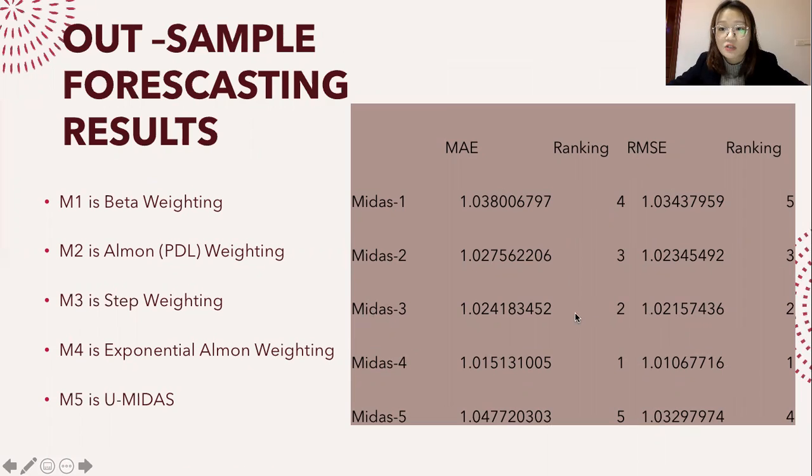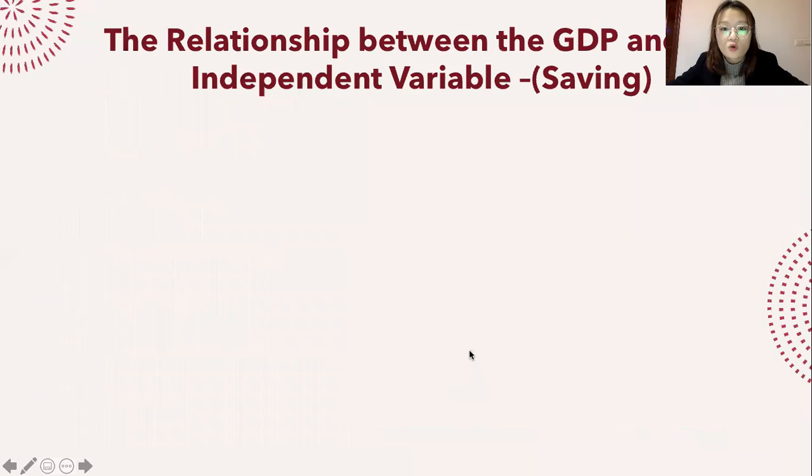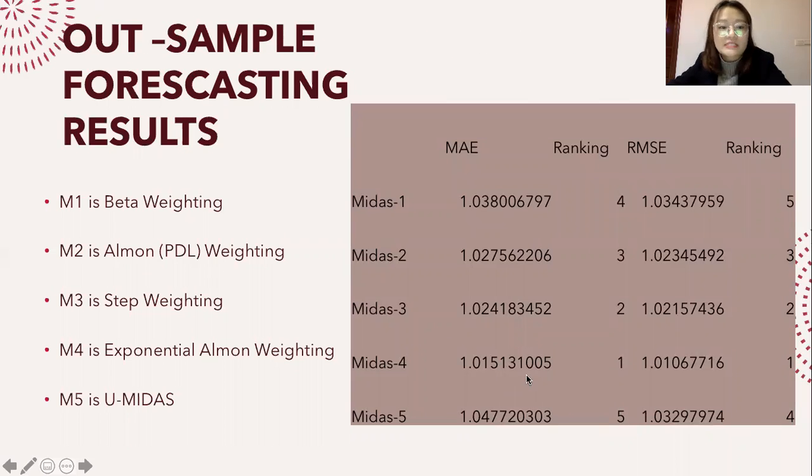And this kind of result shows the consistency of this research. So it's very clear that the exponential Almon weighting is the best performing forecasting model in the MIDAS.